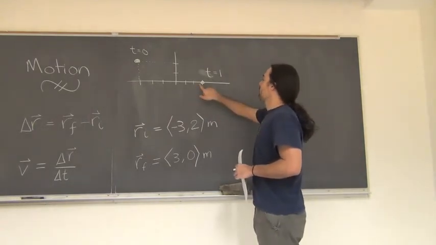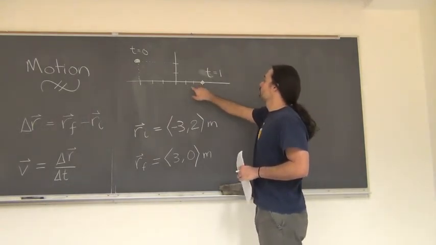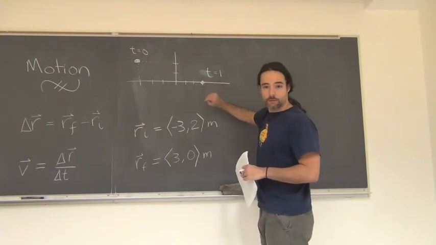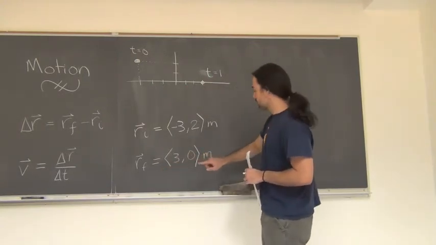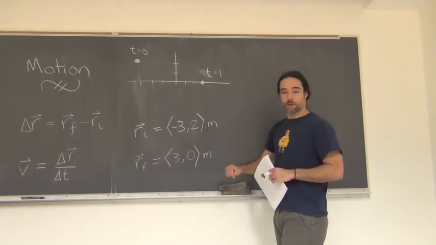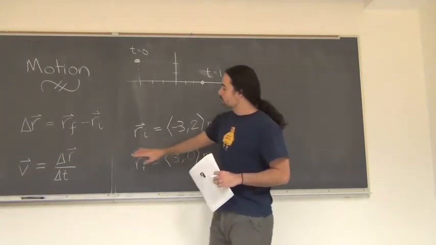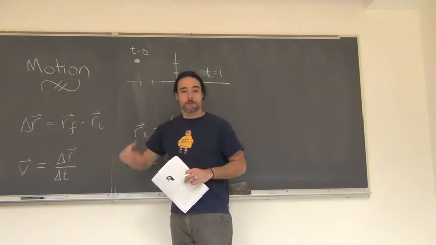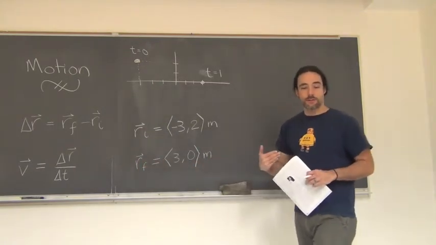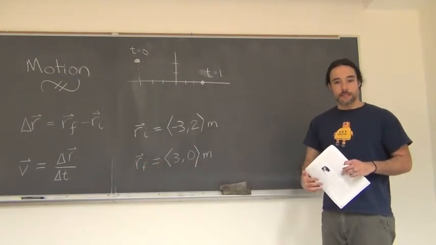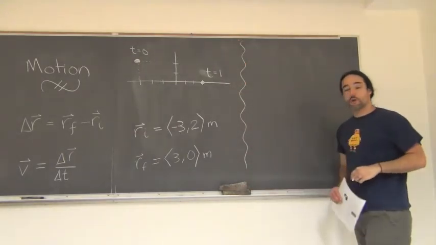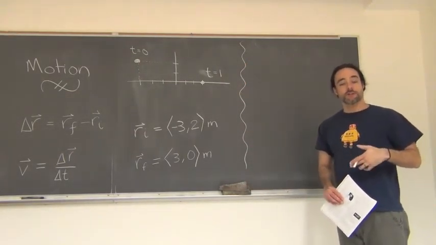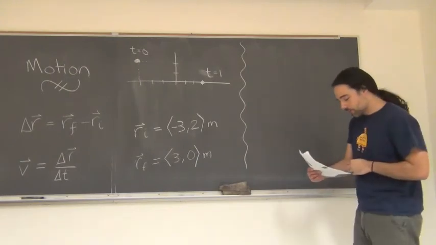And then I end up at this point here, which is over 3 and up 0. So my vector position would be 3 meters in the x direction and 0 meters in the y direction. All we're going to do is use our formulas to compute the vector displacement and the vector velocity, also known as just displacement and velocity, since those are defined to be vectors.